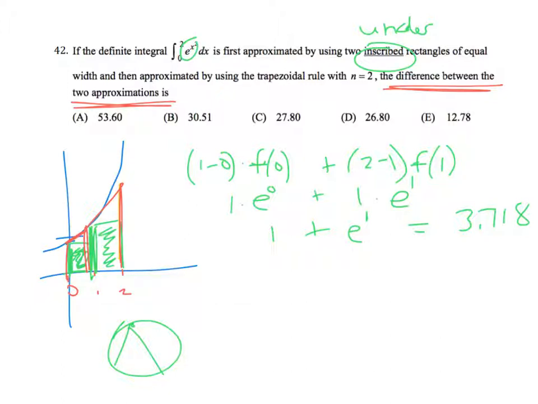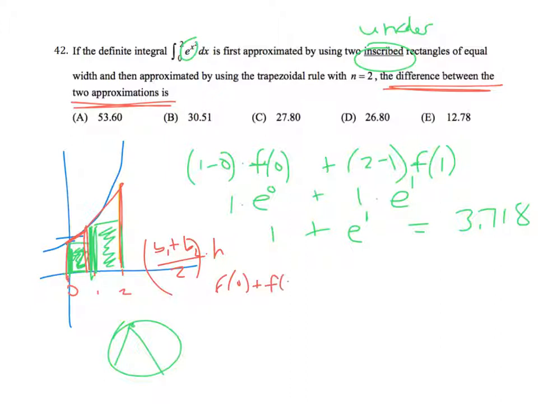This time I'm thinking my bases of my trapezoids are actually my heights, and my height is actually the width here. So my general formula that I think of for trapezoids is base 1 plus base 2 divided by 2 times height. So that's going to look like this.